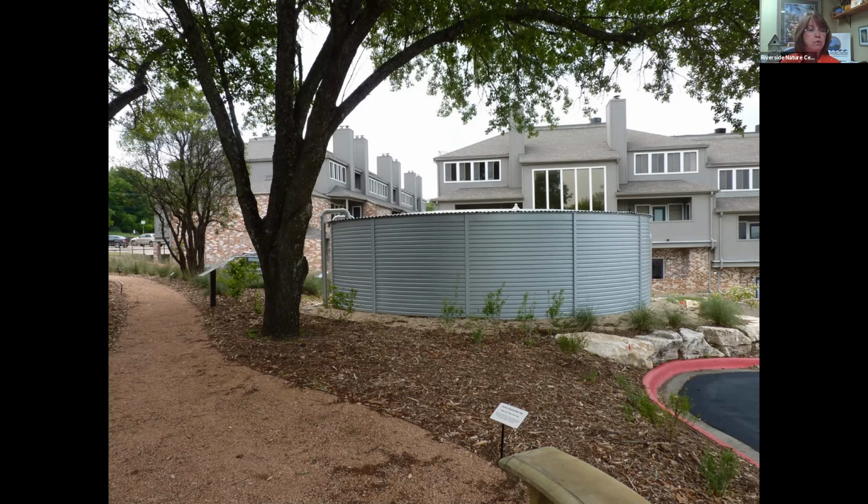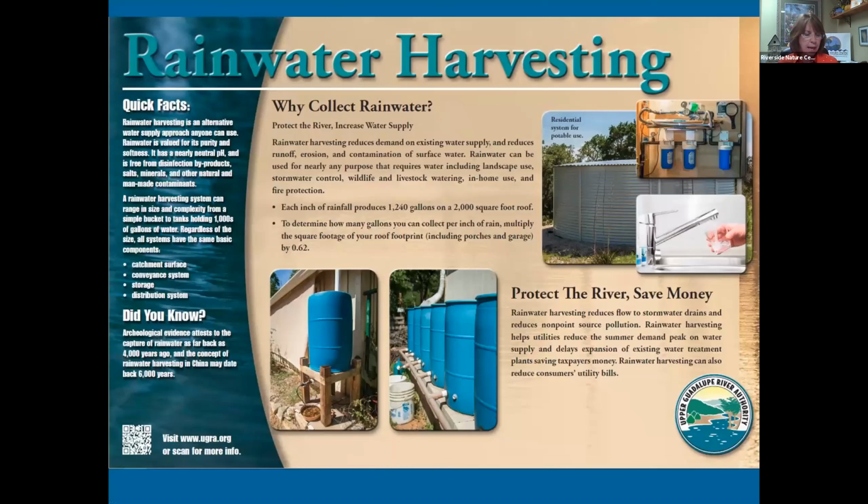But as we move up along our crushed granite trail here, we're going to see a much smaller system. This is the interpretive sign that you'll find right next to the larger tank, and it's discussing the different sizes and uses of barrels versus a whole storage tank system.